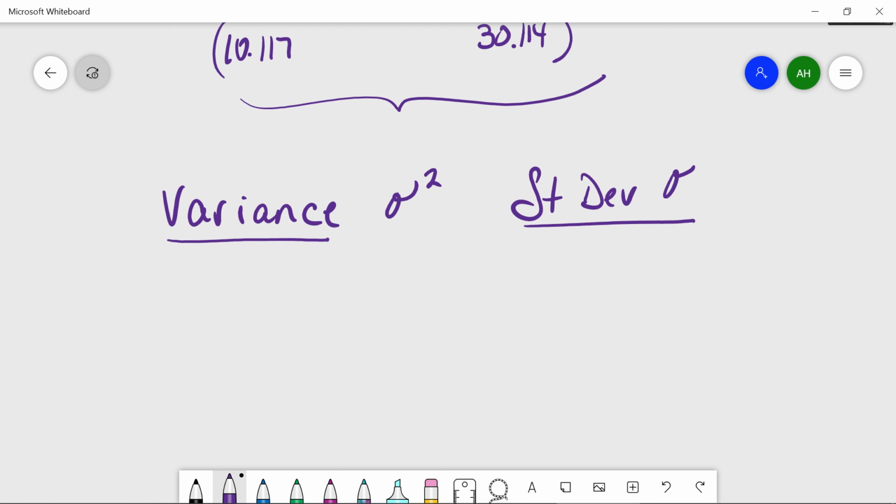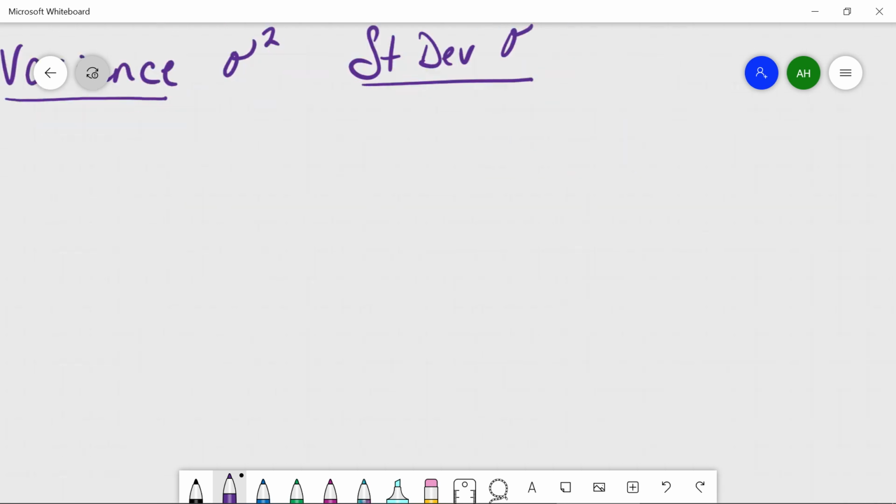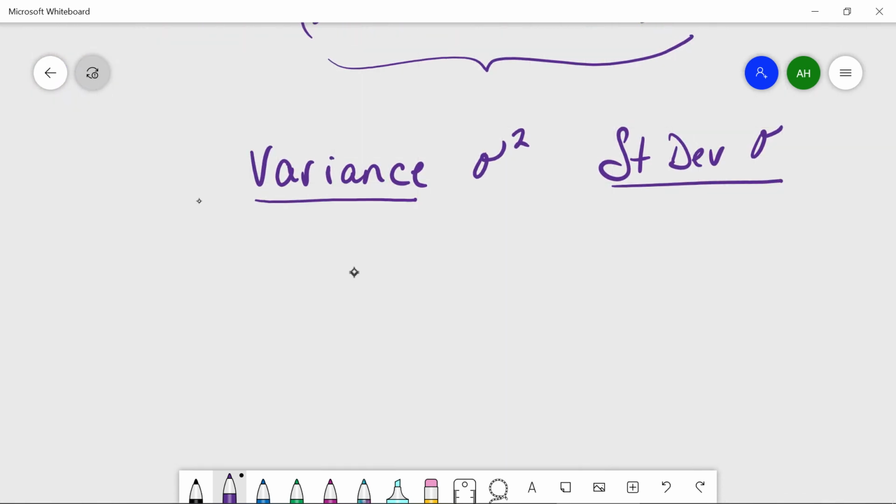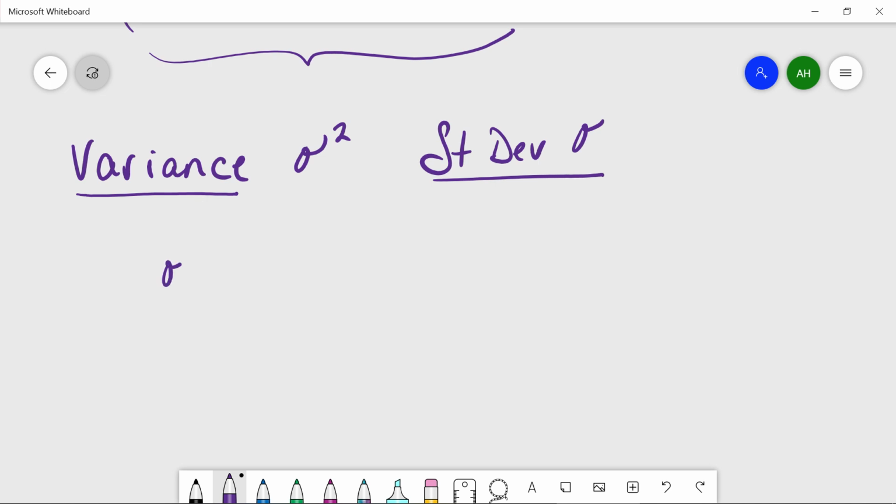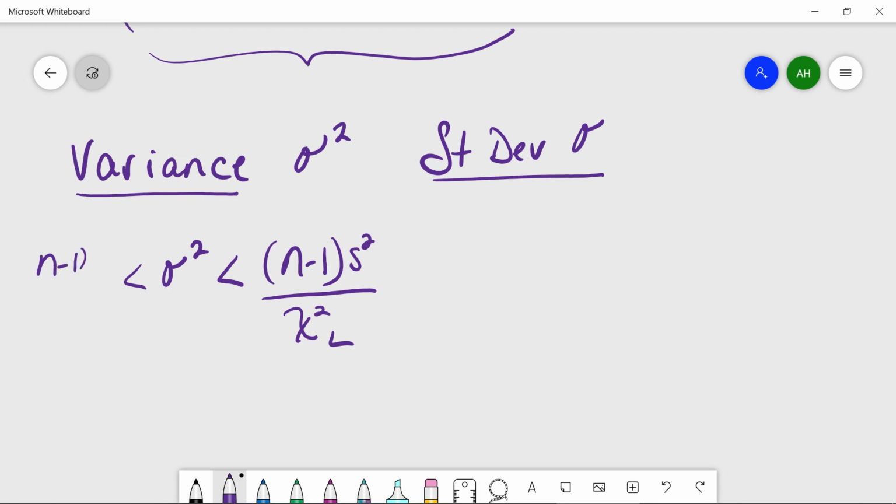Just remember that idea. Okay, so as we look now at the confidence interval for our variance, we're going to have that the variance is going to be less than n minus 1 times the sample variance divided by my chi left, and it's going to be greater than n minus 1 times that sample variance divided by my chi right.